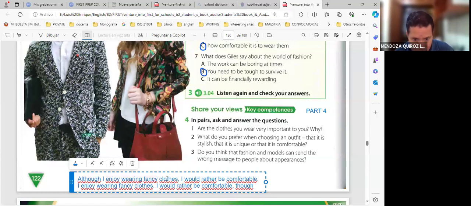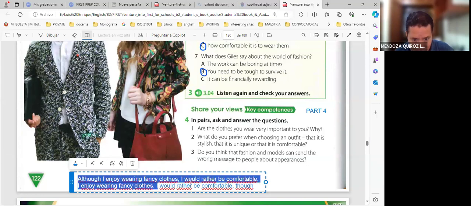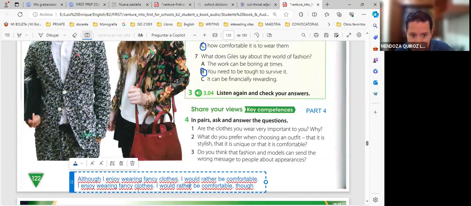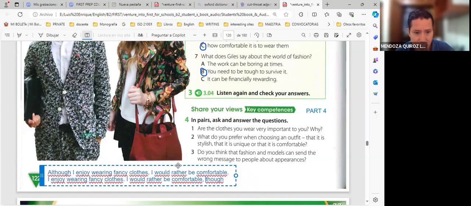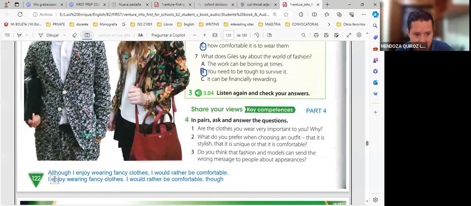In number one, you can see it's only one sentence. Yeah, only one sentence, a long one, separated by a comma, but it's only one sentence. In number two, you have two sentences, sentence one and sentence two. And you use though after the comma. You can use however. However is similar to this one, but there is a difference.